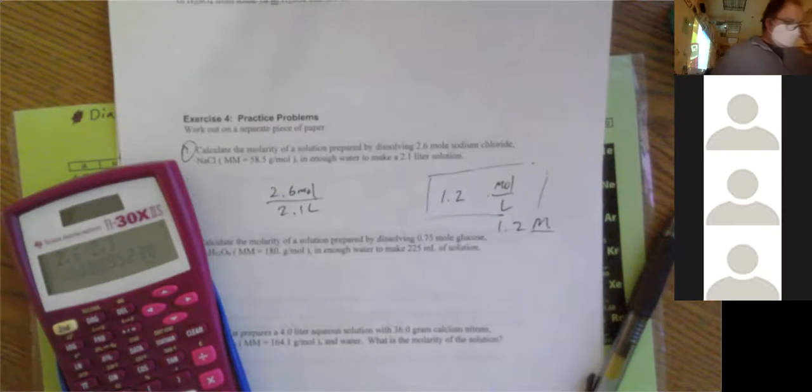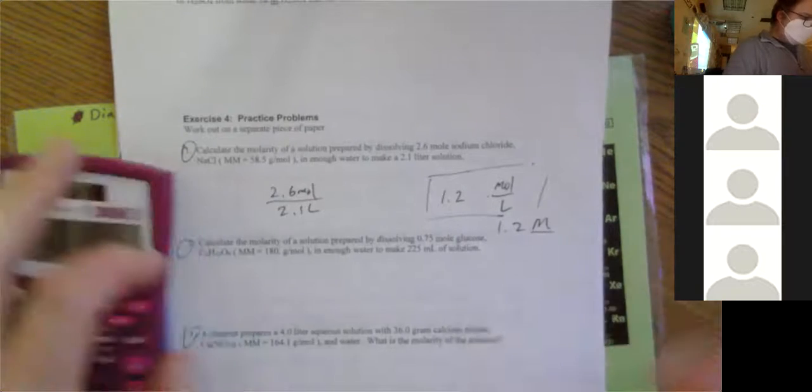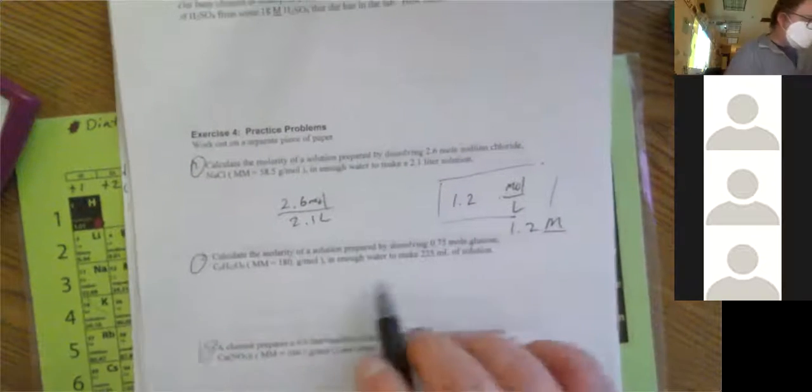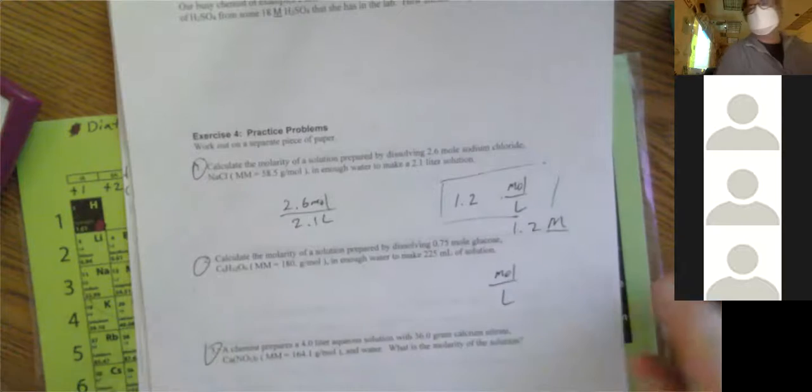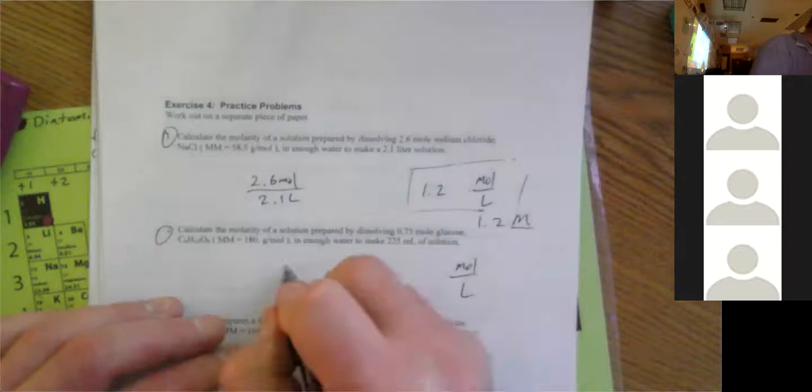All right, let's try the next one. We got 0.75 moles, and we have 225 milliliters of solution. We again want the molarity, so molarity is moles over liters. What can get us moles? 0.75. Yeah, right? 0.75 moles.